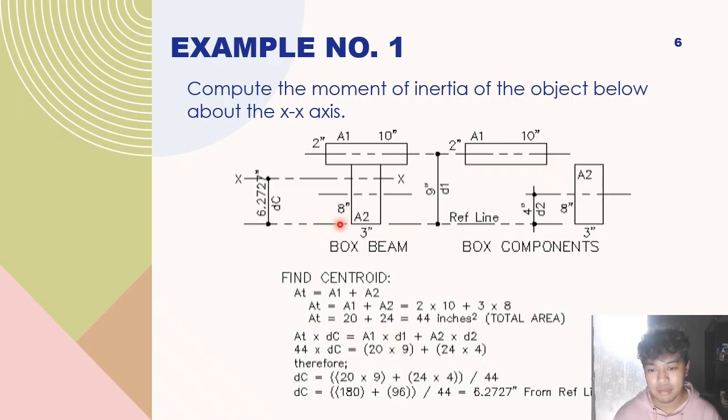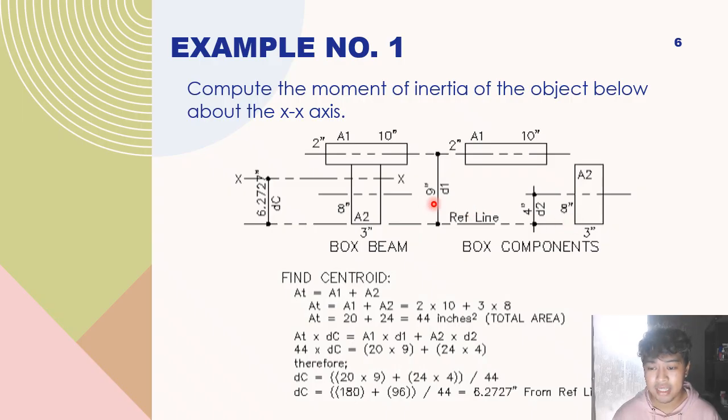We got 9 because the centroid is along this line, so that means half of 2 inches. Below the centroid of the first shape, you have 1 inch, and then another distance towards the reference line is going to be the height of the second shape, 8 inches.